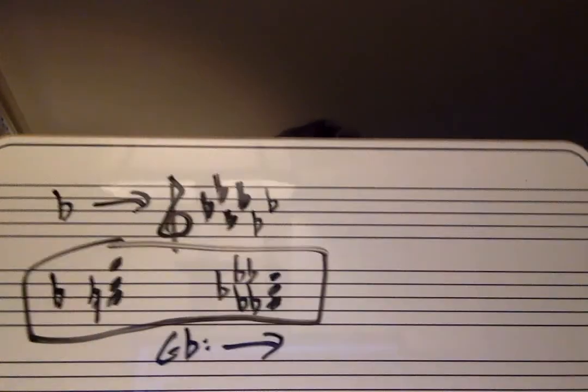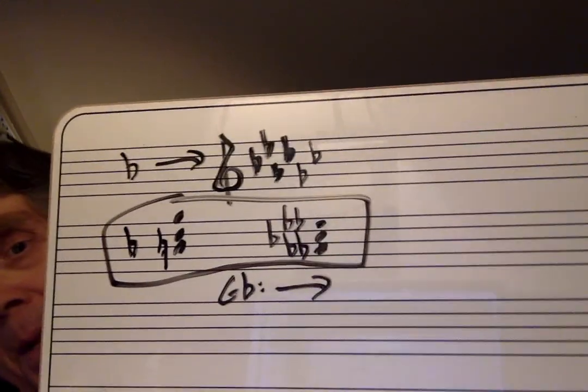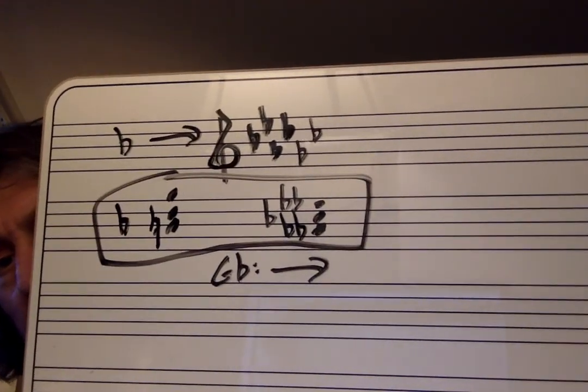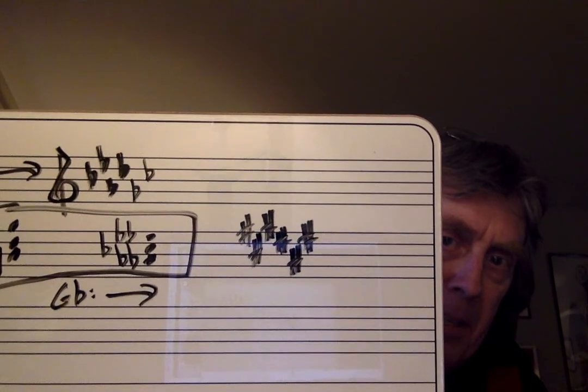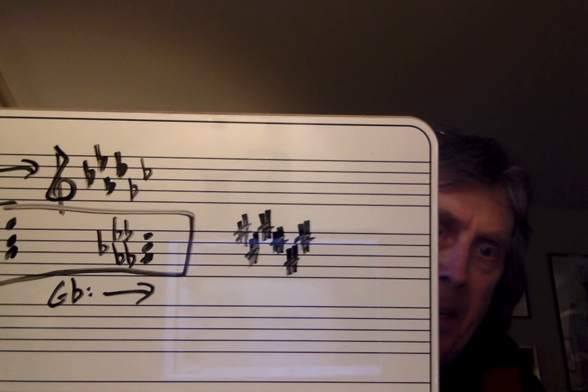So in G flat major, this enharmonic respelling enables people to move from 1 flat to 6 flats, or enharmonically, if you respell the G flat as F sharp, you get to move from 1 flat to 6 sharps very, very smoothly.